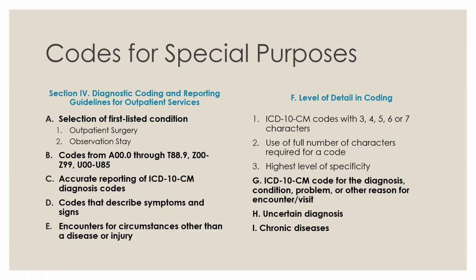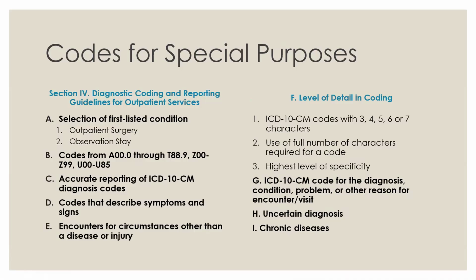For observation stay, when a patient is admitted for observation for a medical condition, assign a code for the medical condition as the first listed diagnosis. When a patient presents for outpatient surgery and develops conditions requiring admission to observation, code the reason for the surgery as the first listed or first reported diagnosis or the reason for the encounter, followed by the codes for the complications as secondary diagnoses.